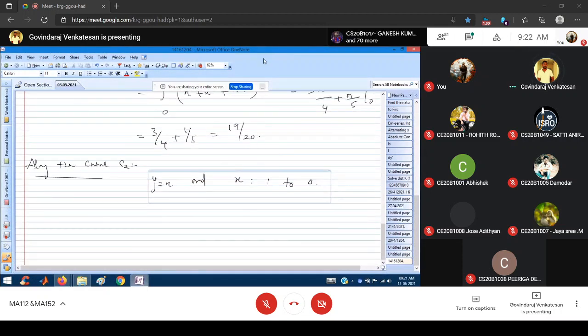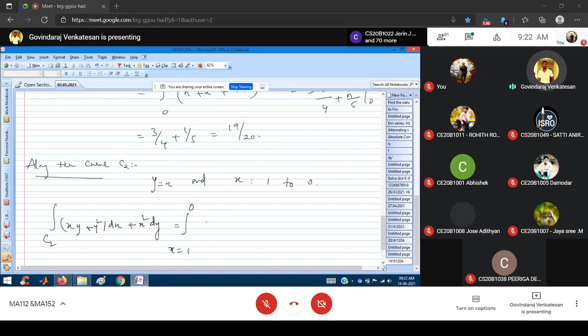Okay, super. So you can find the integral over C2 of (xy plus y square) times dx plus x square times dy, which is nothing but, x varying from 1 to 0, the value of y is x. So (x square plus x square) times dx plus x square times dy, where y is equal to x, so dy is also equal to dx.